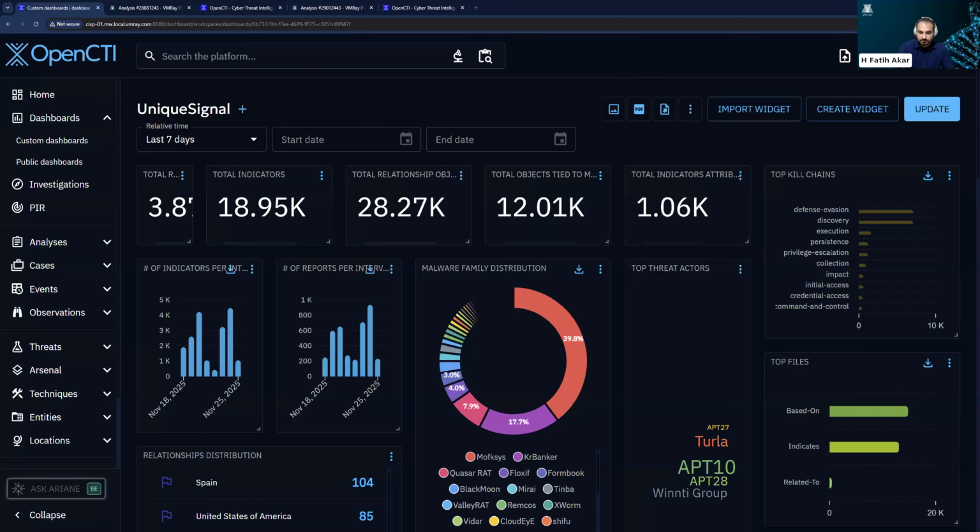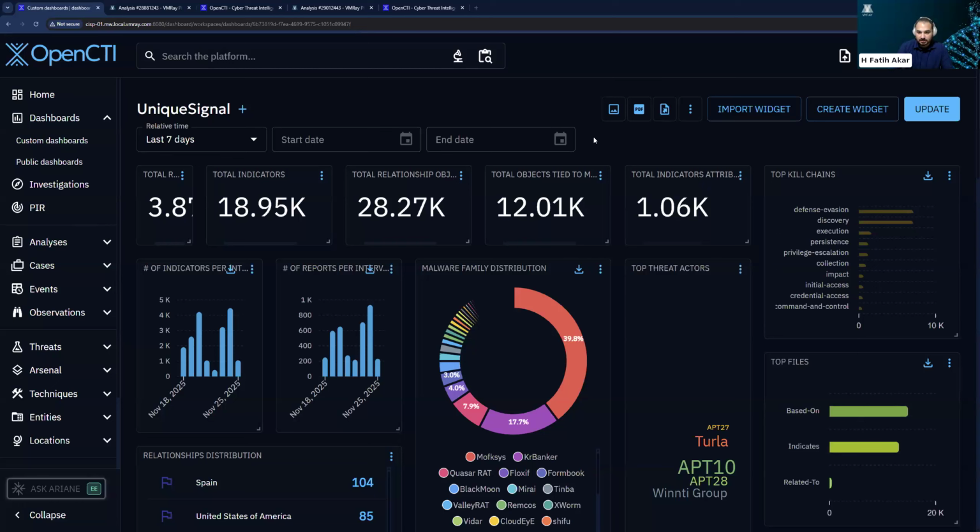I'd like to start with a visualization through OpenCTI's dashboarding capabilities. OpenCTI is an open source product that is able to ingest many different feeds in many different formats.